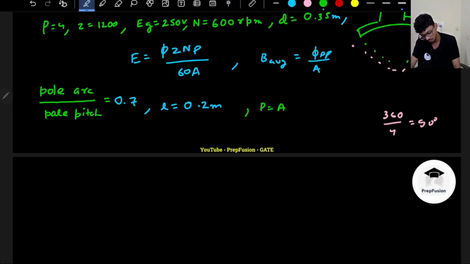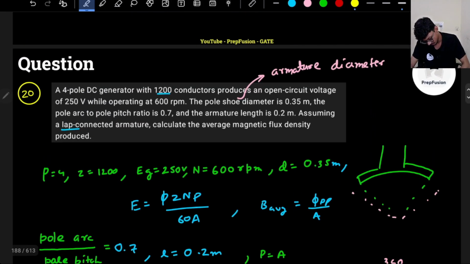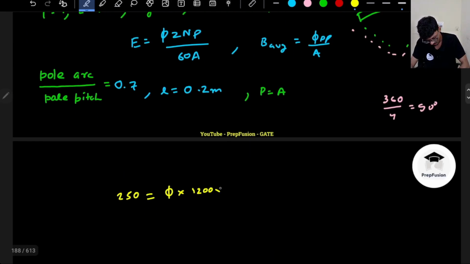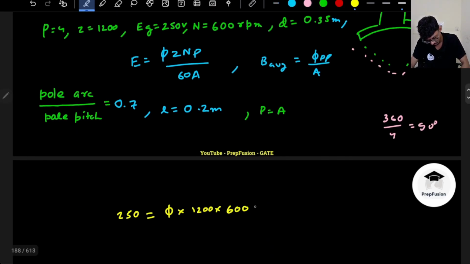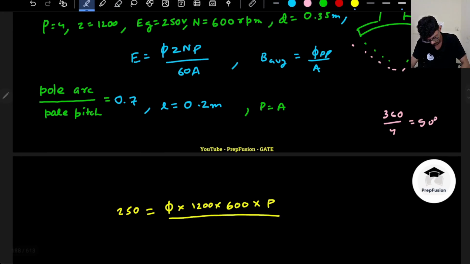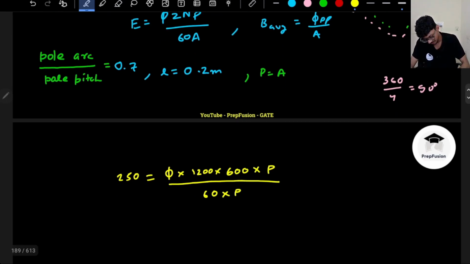So 250 will be equal to φ, the number of conductors Z, which is 1200, speed is 600 rpm, into P, over 60 into P.